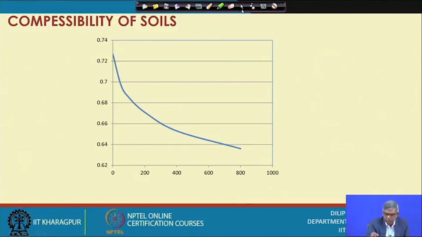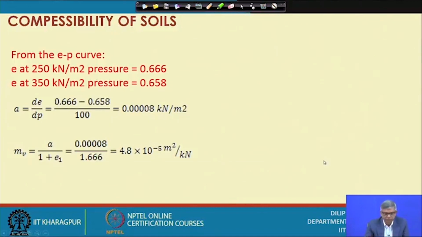From the e-p curve, corresponding to a pressure of 250 kilonewton per meter square, we have got e equal to 0.666, and at 350 kilonewton per meter square, we have got e equal to 0.658.